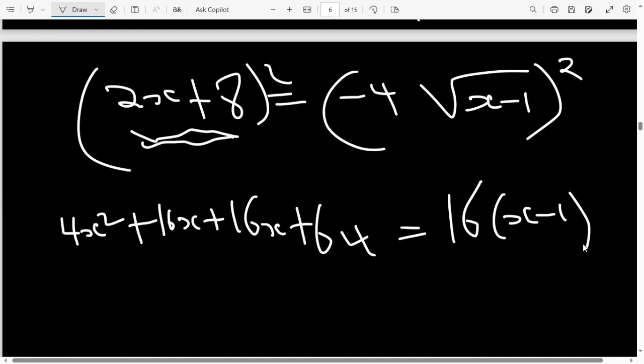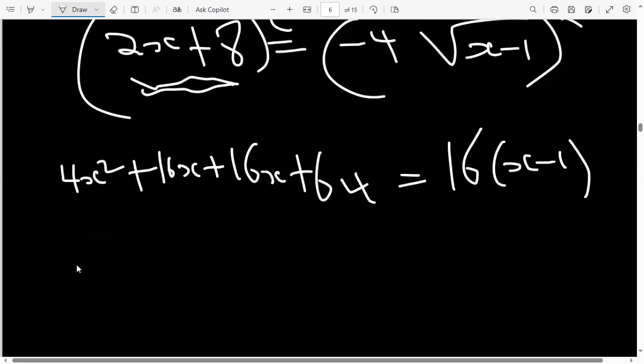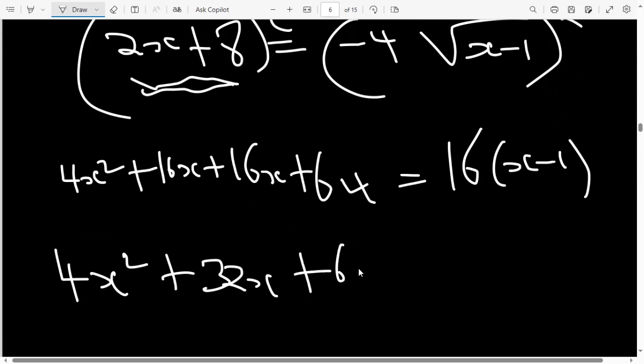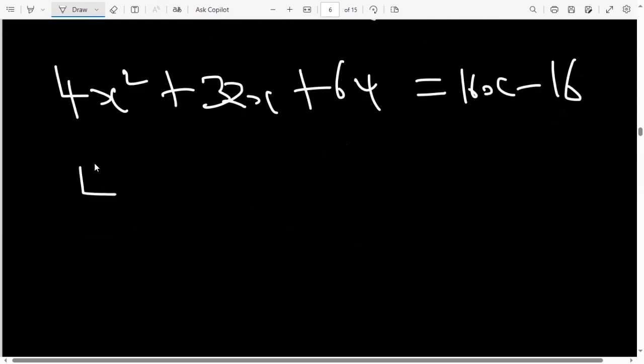Okay, and then from there, let's put like terms together. So it will be 4x squared plus 32x plus 64 equals 16x minus 16.